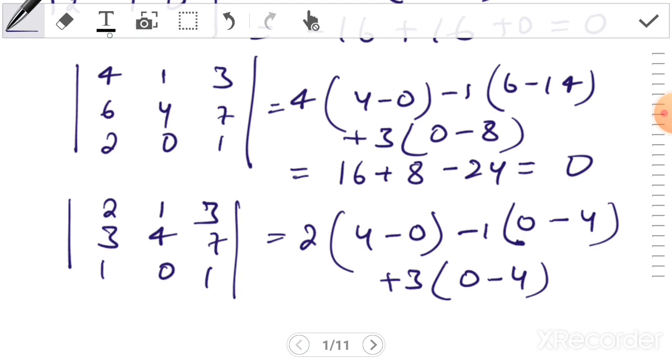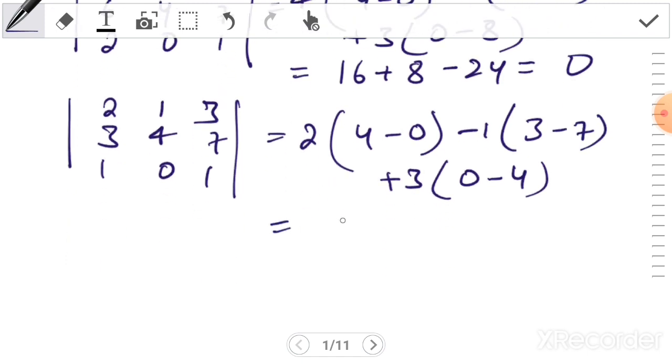I have done a mistake here. So minus 1, 3 minus 7. It is 8 plus 4 and minus 12. Again 0.